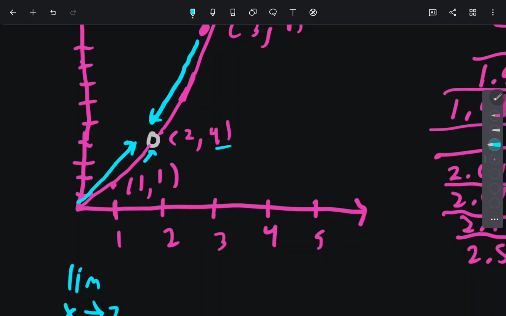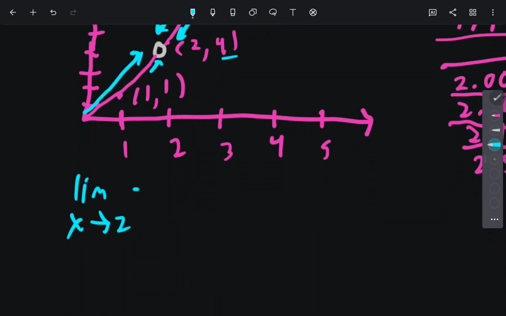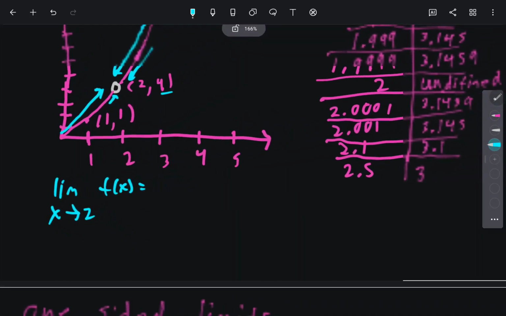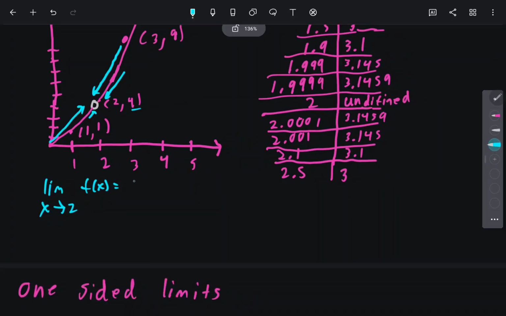What if we add in another 0? Let's say it's 2.001. Well, then that's going to be equal to 4.004. And as we can see from both sides, this limit approaches 4. So we can say the limit of f of x as x approaches 2 is equal to 4.